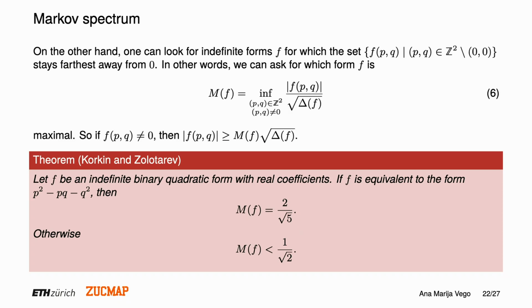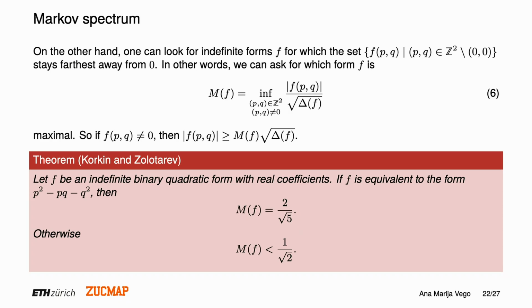To make this explicit, we define this constant m of f to be the infimum of the absolute value of f of p, q, where p, q is in Z squared. And this technical condition of dividing by the square root of the discriminant doesn't have to be there. It's just here to normalize the thing a bit, because the values of these forms can get quite large very fast, and it's neat if we can normalize it nicely. Okay, so we're looking for when m of f is maximal.